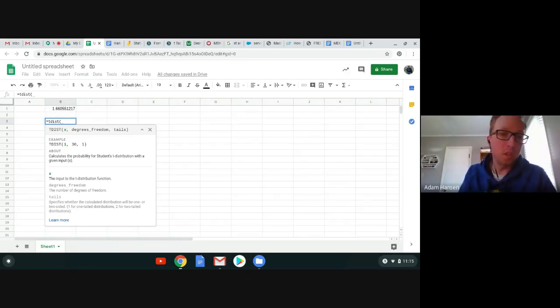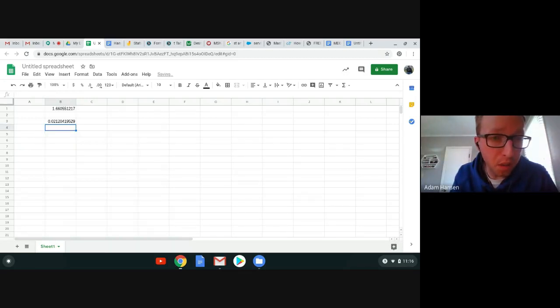We'll need three things: the t-score, the degrees of freedom, and the number of tails. So back to this, we had a t-score of 2.342 for 98 degrees of freedom and 2 tails. And I see a p-value, probability of 0.0212.